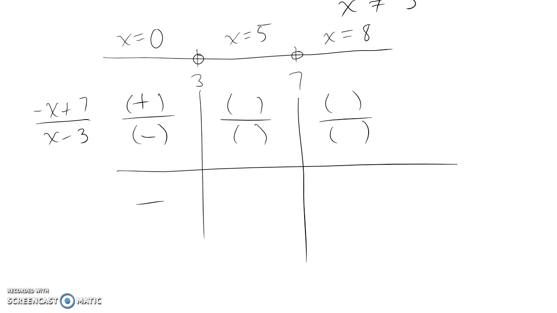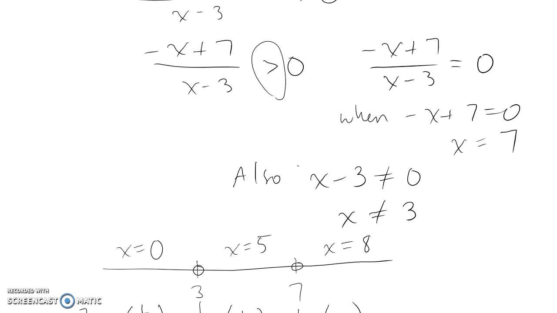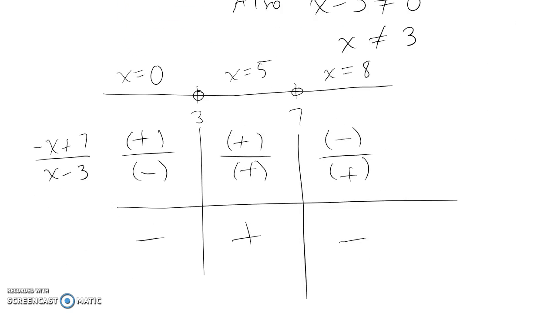Now if I plug a 5 in, we get a positive in the numerator and a positive in the denominator, so overall that's a positive. Plugging in an 8, we get a negative in the numerator and a positive in the denominator, so overall that's a negative. Now remember what we were looking for: where (-x + 7)/(x - 3) is greater than 0.